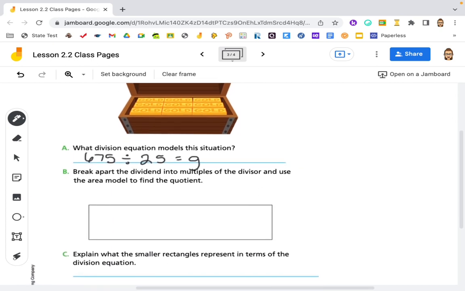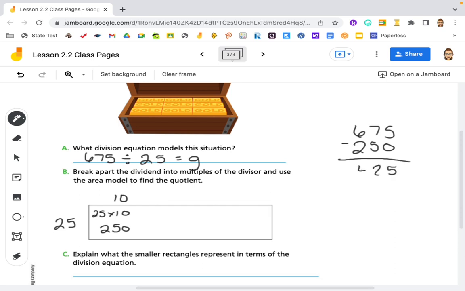Well, we're going to put 25 here because that's our divisor. So then we're going to break this apart. So again, I like to start with multiples of 10. And 25 times 10 equals 250. So we had 675 minus 250. So we have 425.